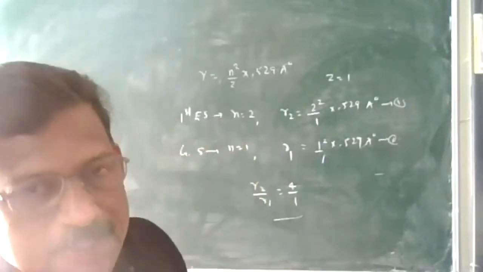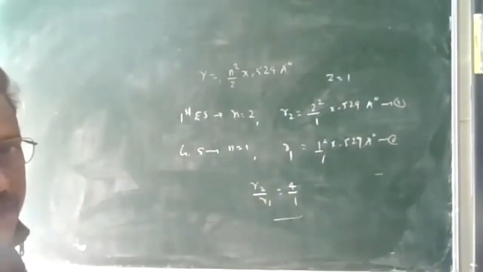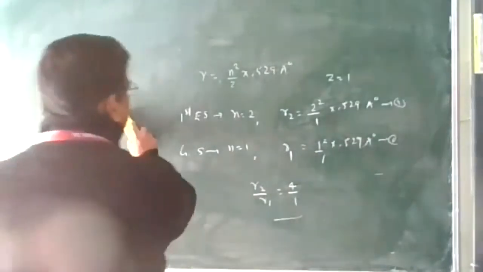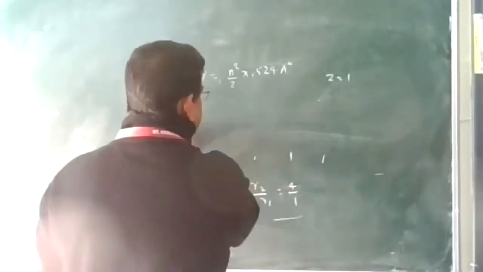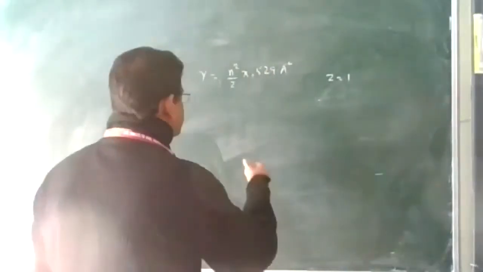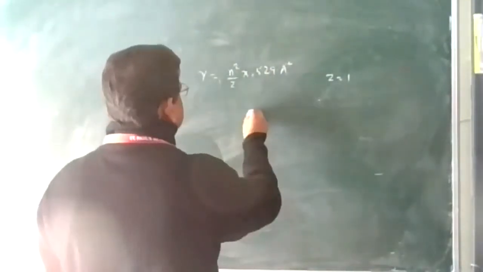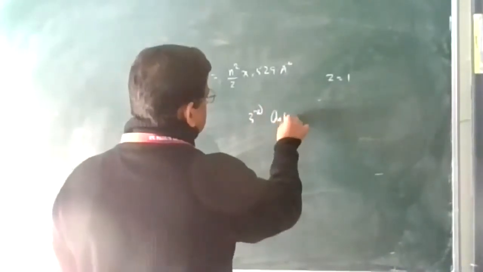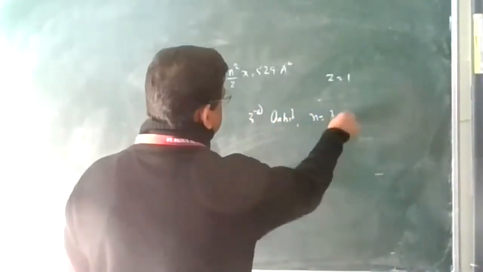Third orbit radius of hydrogen atom, R equal to n square by Z into 0.529. Third orbit, n equal to 3.